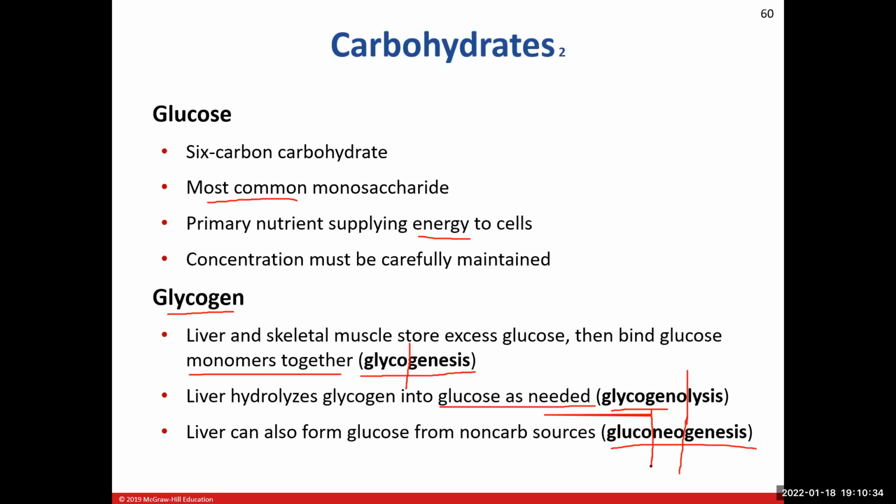That means non-sugary sources. It might want to use fatty acids. It might want to use amino acids. So it's going to use something that we can't find in our carbohydrates. This process called gluconeogenesis only happens in the liver, and it's basically just going to try to make more glucose from non-carbohydrate sources.